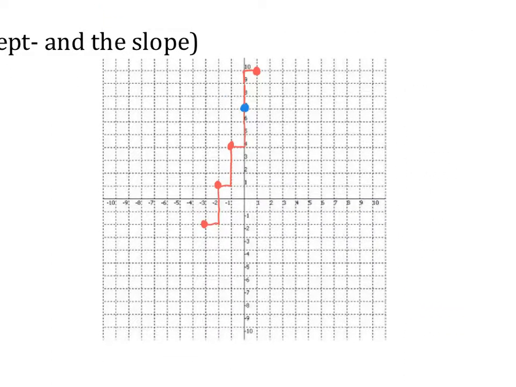Okay, getting at least 3 points to help you graph your line is best. The more the better, though. Then you just connect your dots here. And we always have arrows at the end of our lines because lines go on forever.